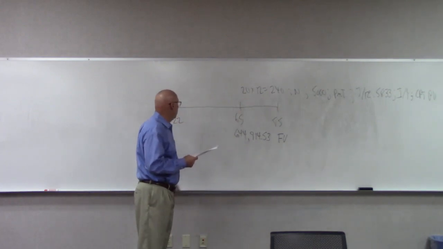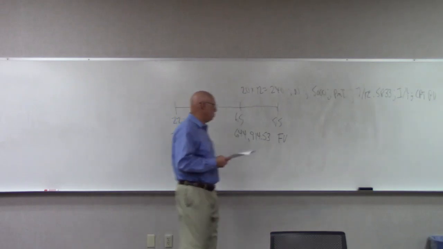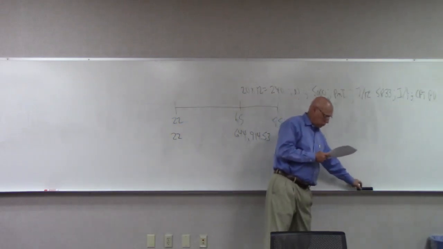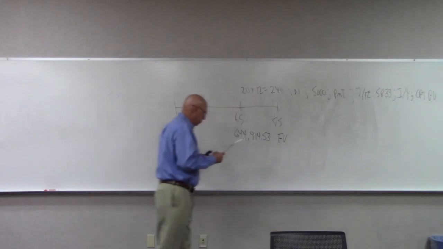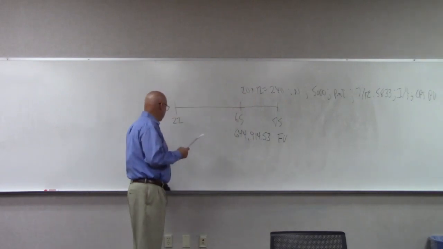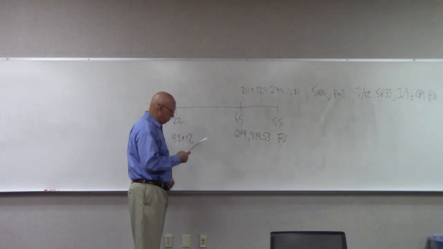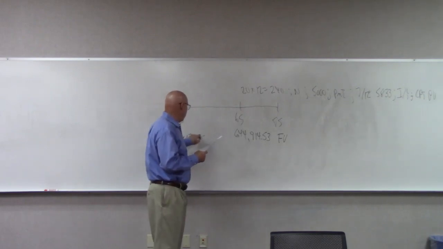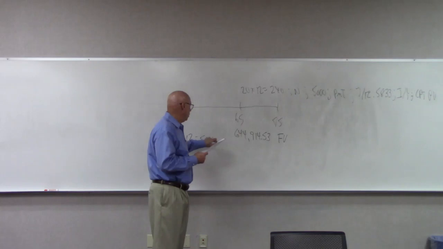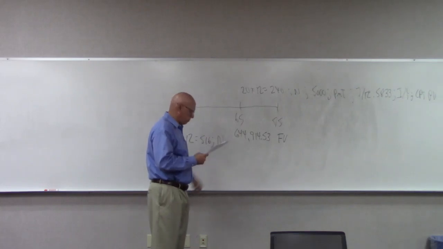Okay? And 65 minus 22 is 43 years times 12, 516, and that is your N.